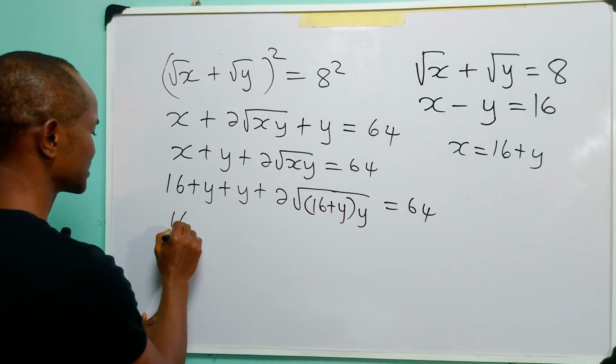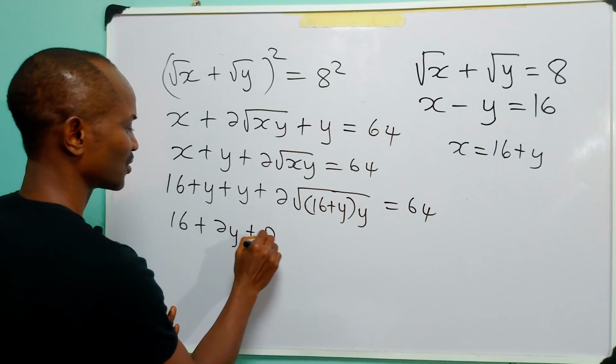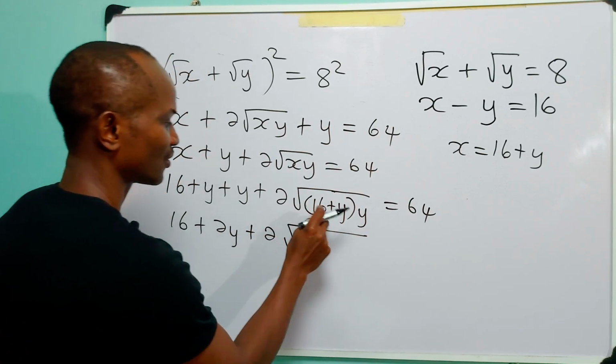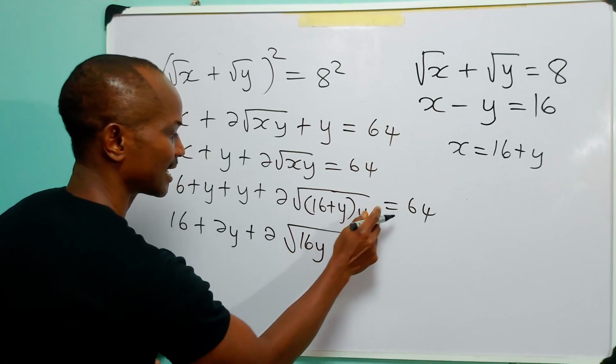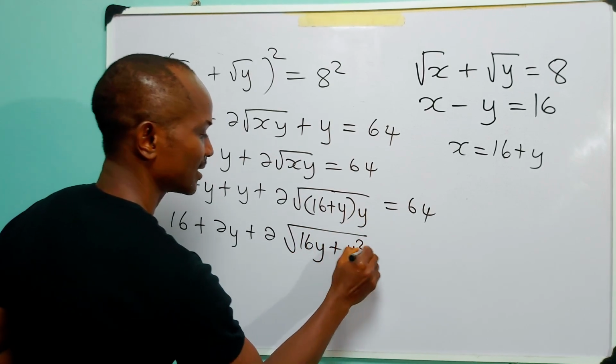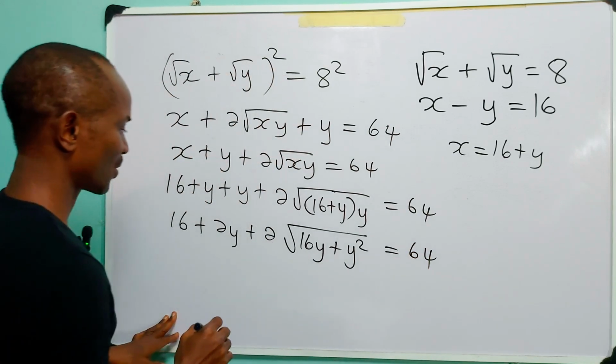So we have 16 plus y is 2y plus 2 square root of, we open this bracket and we have 16 times y plus y squared, and this is equal to 64.